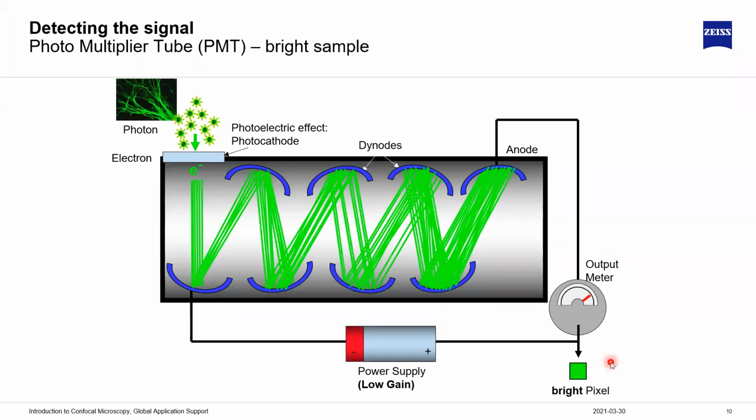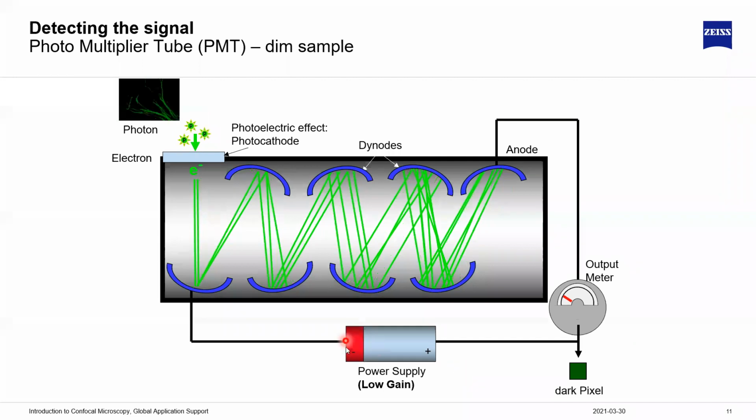If you have a very bright sample, you will have not only one photon, but many photons coming from your sample. These many photons will be translated into many electrons, and at the end of the PMT you will get a bright pixel without applying too much power to the detector.